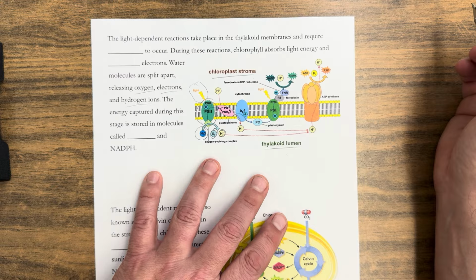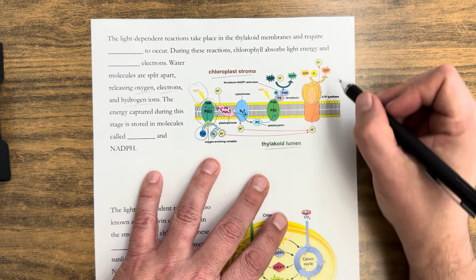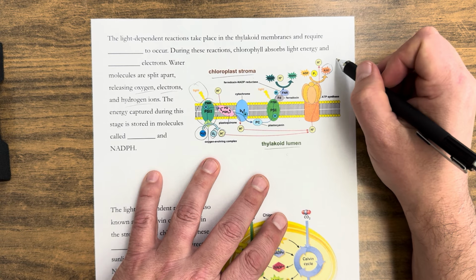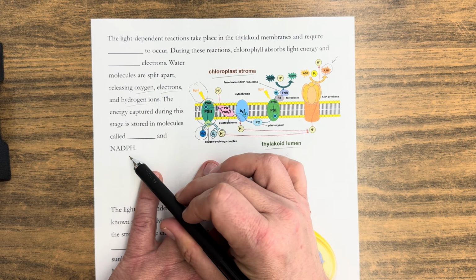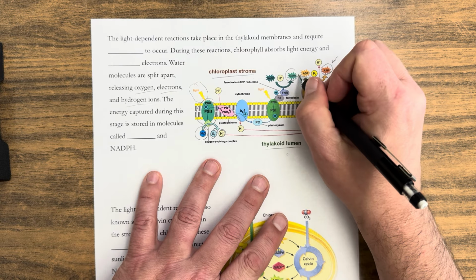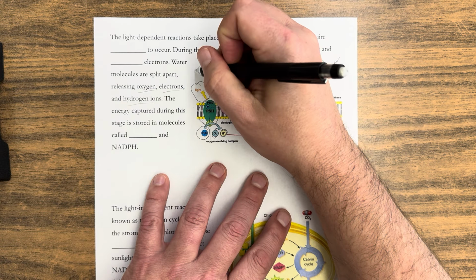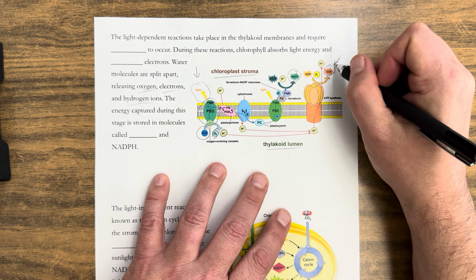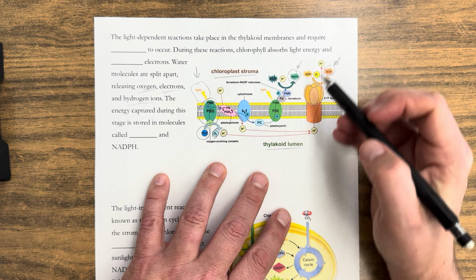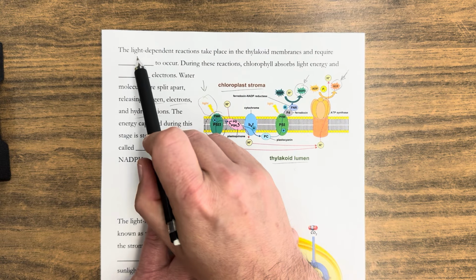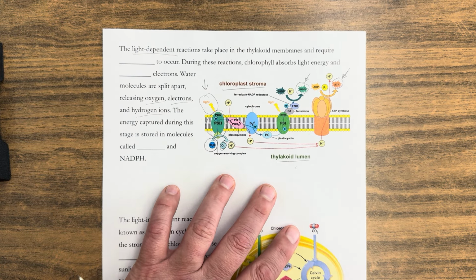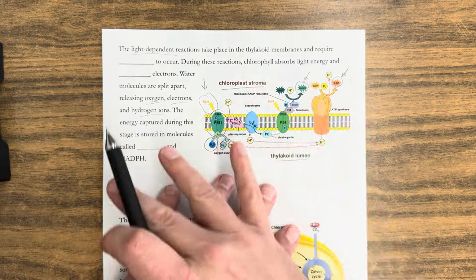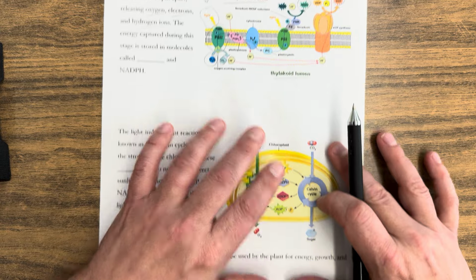The energy captured during this stage is stored in molecules called ATP, this is the final part up here, and NADPH, which is right here. So this is the beginning, this is the end, okay? At least of this part, the light-dependent part that takes place in the presence of sunlight. Even summarizing it, there's a lot going on.